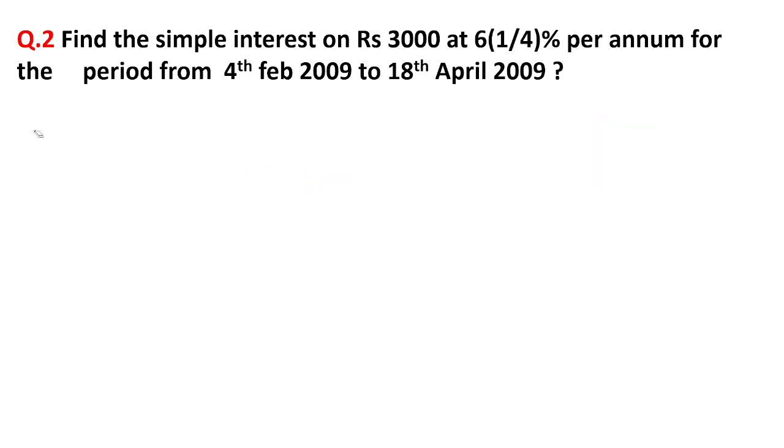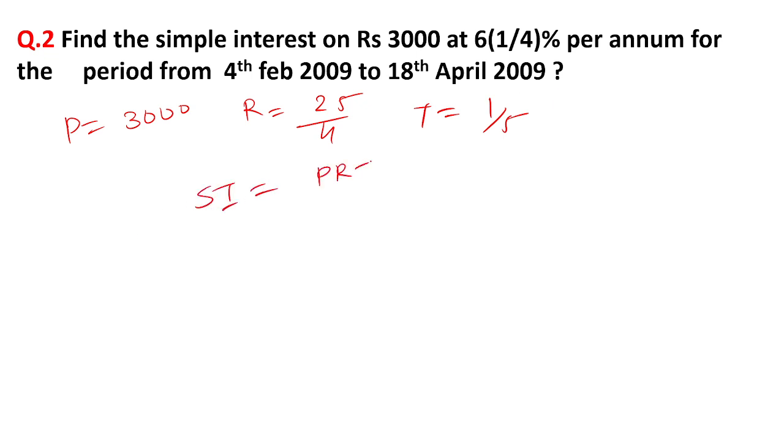So we got the data. I will write the data from the start. So P as 3000, then R as 25/4, and time as 1/5 years. That is simple. So now what we will do, simple interest equal to PRT by 100, that is 3000 into 25/4 into 1/5 and divided by 100.